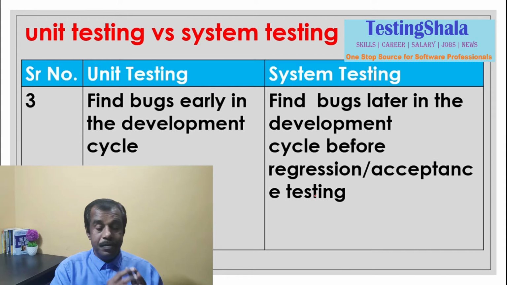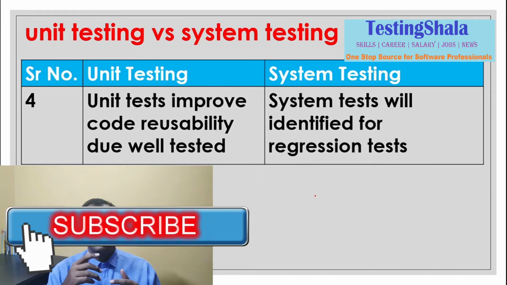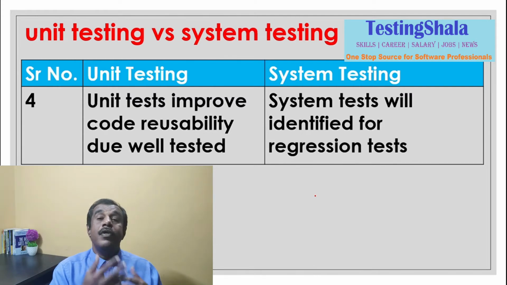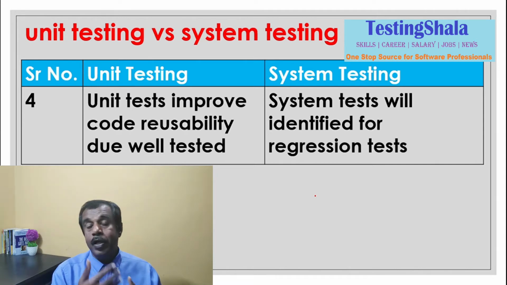The fourth important difference is that because we are testing in the beginning, as the tests progress, the quality of the code improves. Because we are able to do a lot of unit tests and run them on every check-in, the quality of the unit test cases and the functions improves.